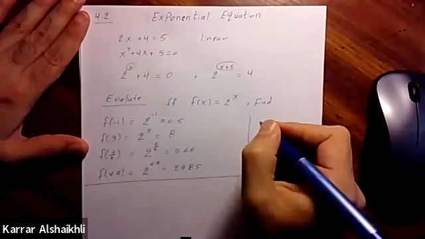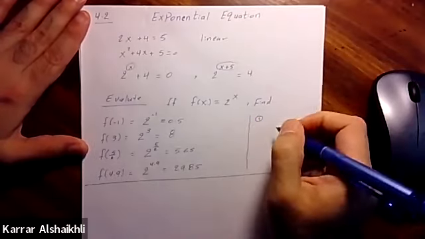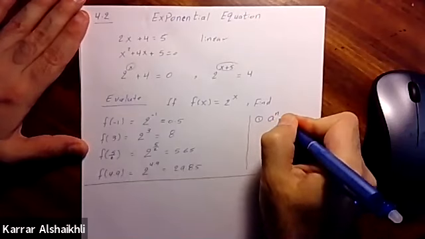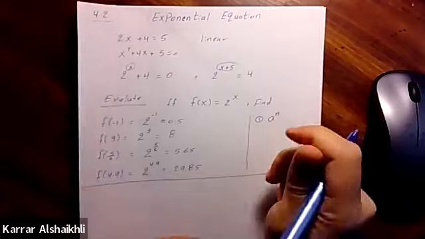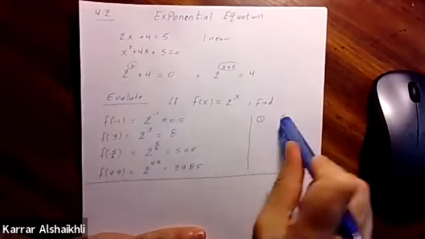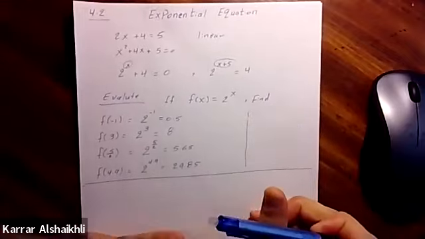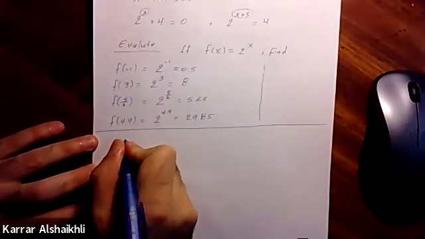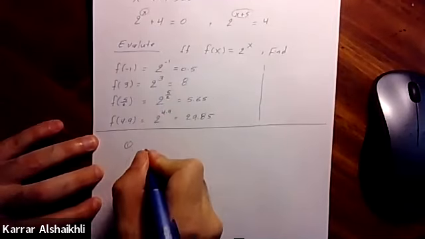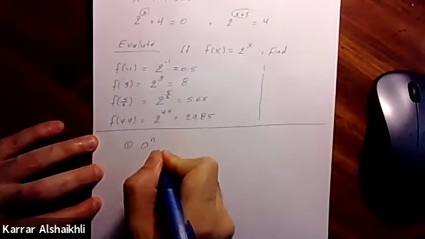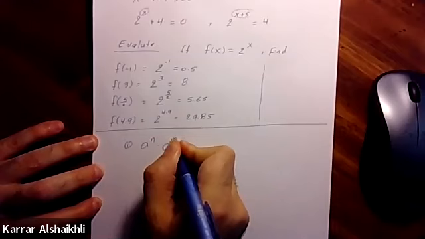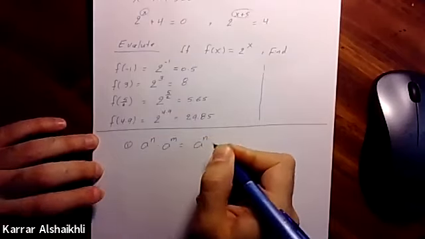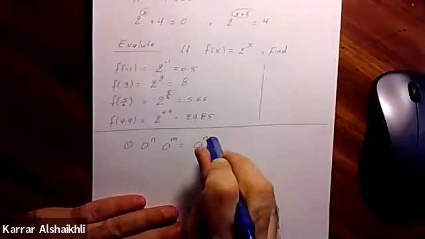The exponent rule, if you remember: if you have a number with exponent n times the same number with exponent m, it is going to be the number to the exponent n plus m.